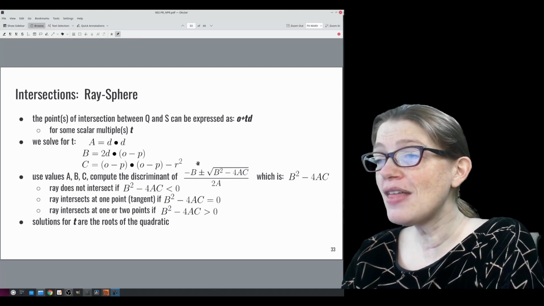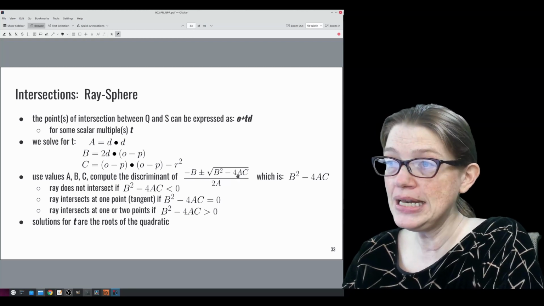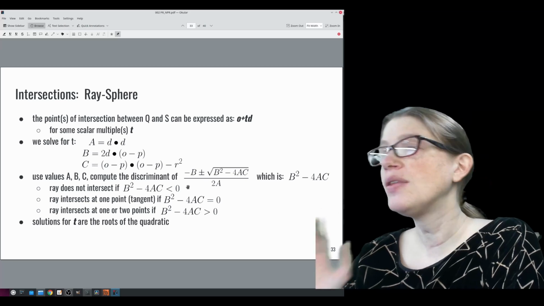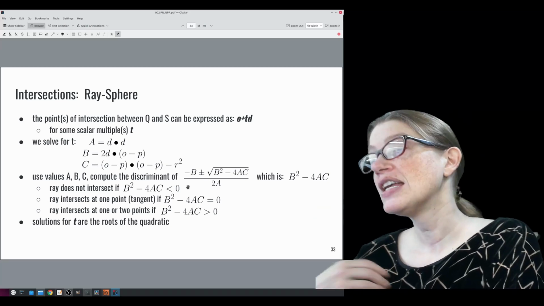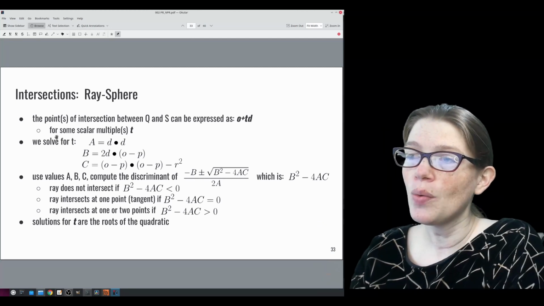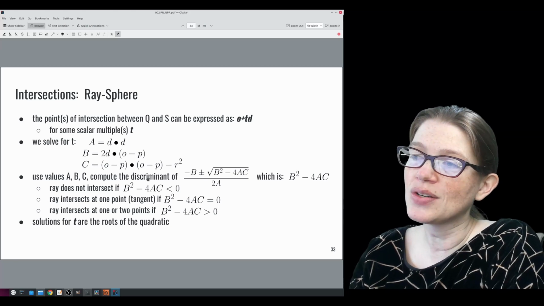So if the value under this root, called the discriminant, is less than 0, the ray does not intersect. This is a really nice test to see how many times we intersect. We compute a, b, and c, which is fairly straightforward, and then we check the value of b squared minus 4ac.